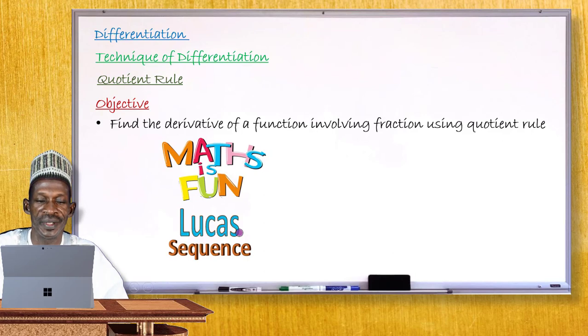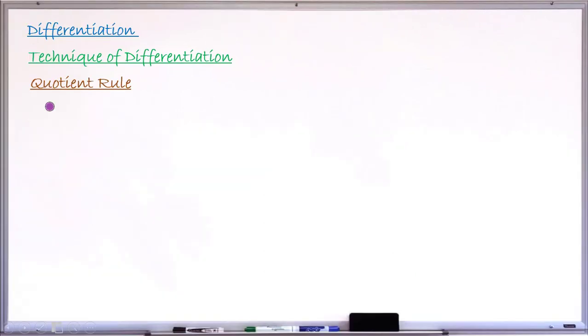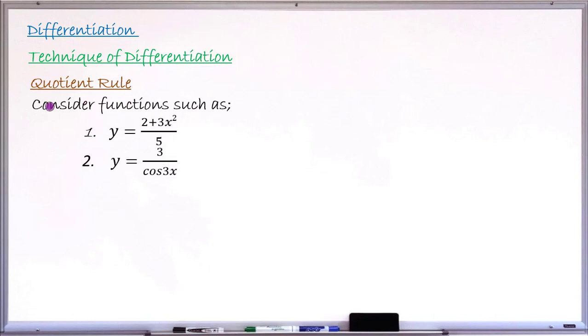So don't go away. To begin the lesson, let us first see some special functions to which we may not apply the normal rule, that is, the general rule. We have to employ another technique. Suppose you have the function y equals 2 plus 3x squared over 5, an algebraic fraction with 2 plus 3x squared as the numerator and 5 as the denominator.